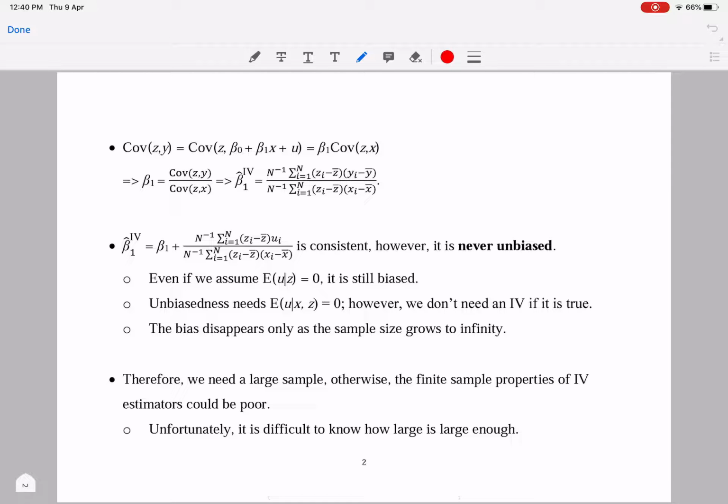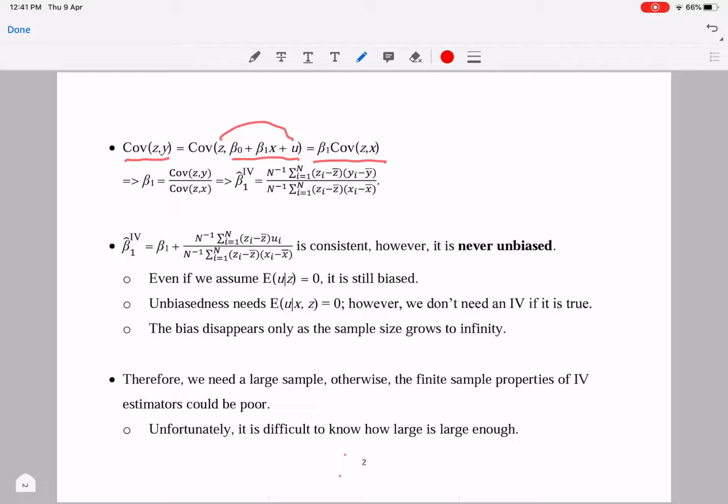Okay, so if we write down the covariance of z and y, then plug in y equals beta 0 plus beta 1 x plus u, because we know the covariance between z and u is 0, we only have beta 1 times the covariance of z and x.